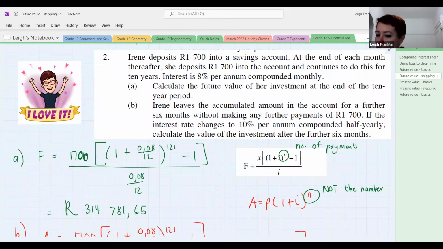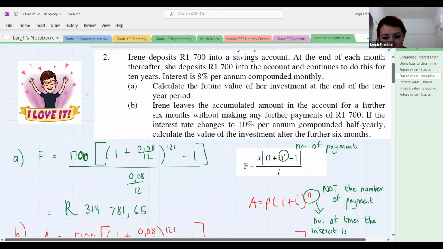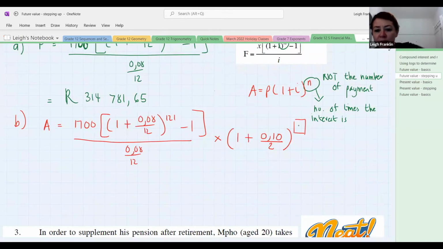N in compound interest represents the number of times the interest is compounded in the investment period.